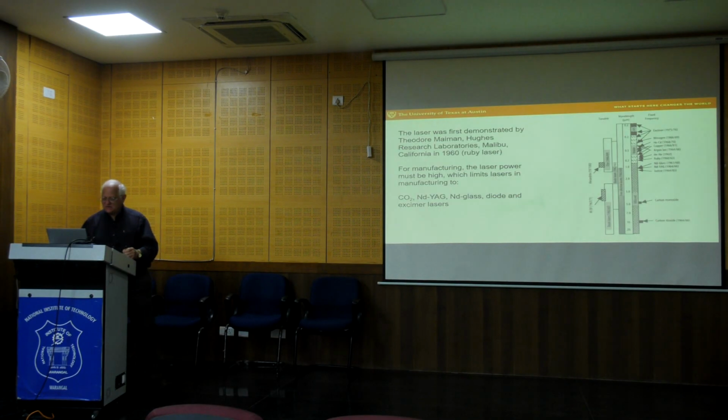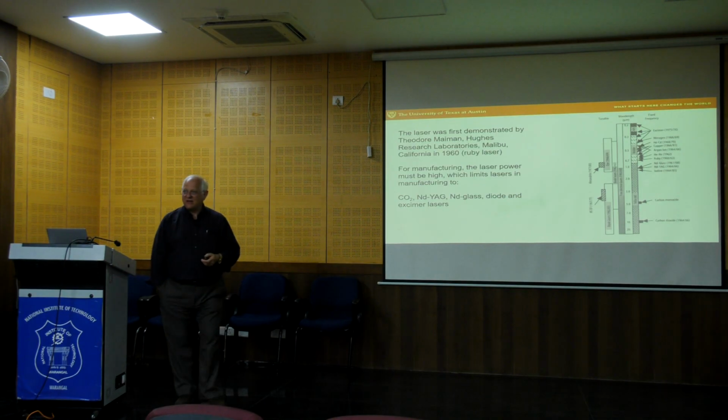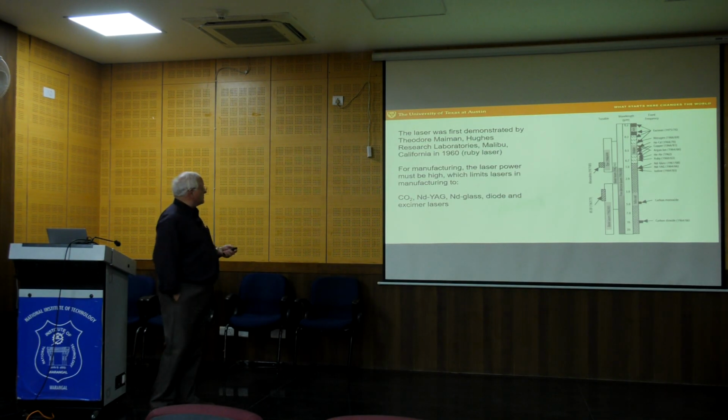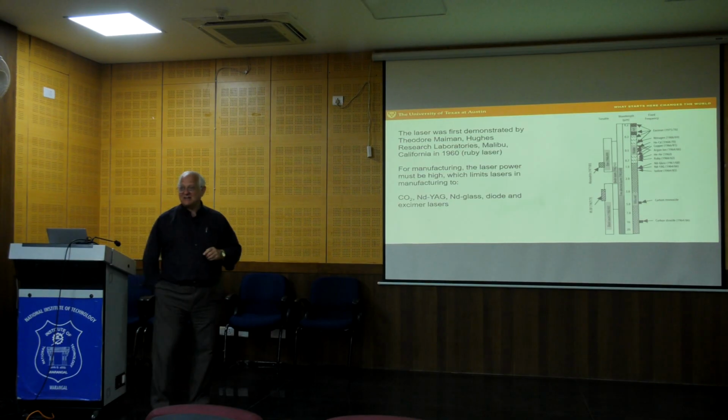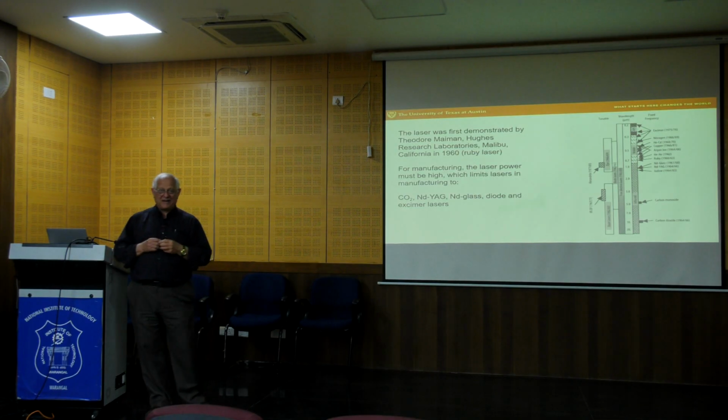So this is the history of the development of lasers. And by the way, the first laser came out in 1960, and so it becomes an enabling technology for a lot of additive manufacturing, right? If we don't have the laser, you don't have the technology.